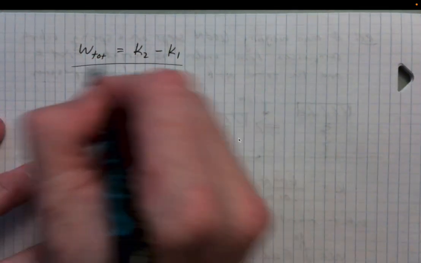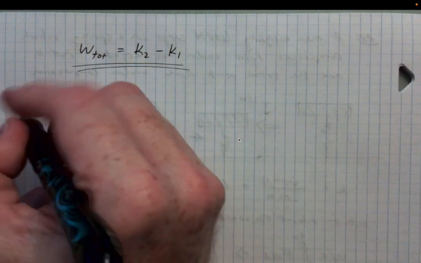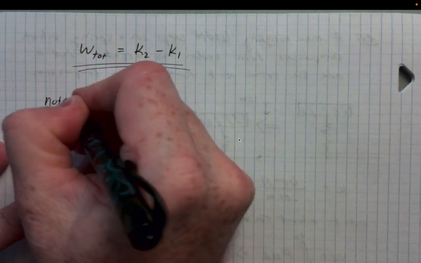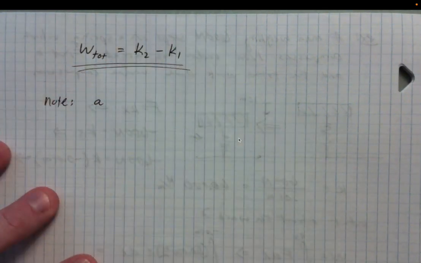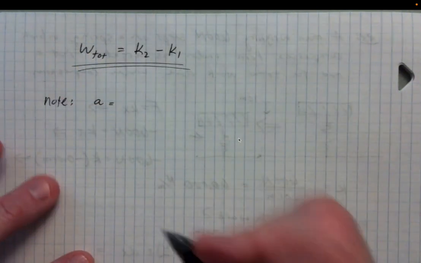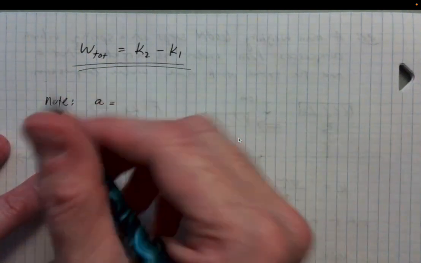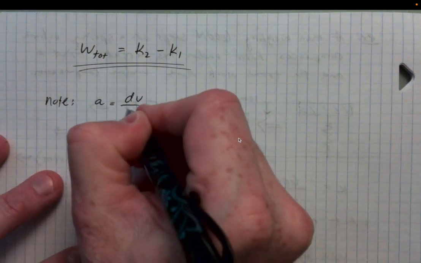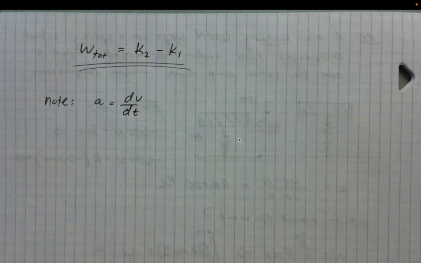First thing we want to point out, because it comes up in the derivation, is something about acceleration. This is an aside, I just want to lay it out ahead of time. Acceleration is the change in velocity over time, so a equals dv/dt.